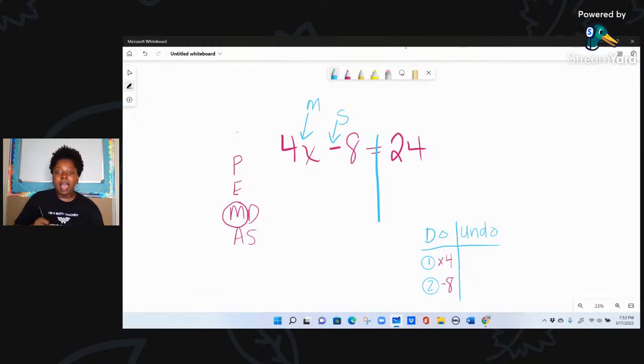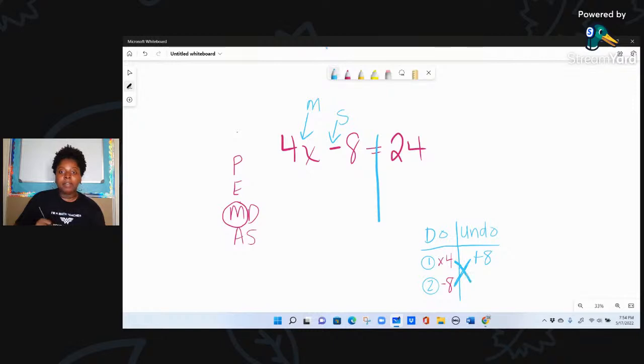So we're going to do the opposite of subtraction first. The last thing we did, which is subtract 8, that's the first thing I'm going to take care of to undo all of this and get x by itself. So instead of subtraction, I'm going to add 8 to both sides to get rid of this minus 8. This is how we work backwards.